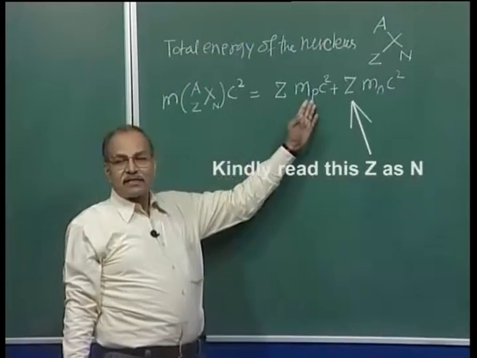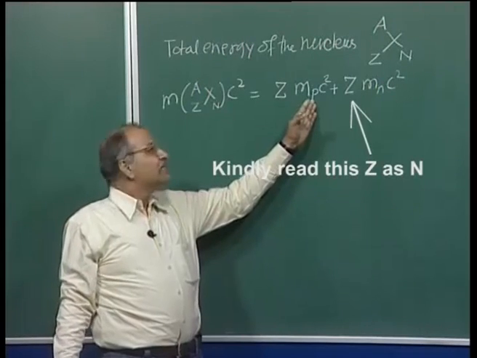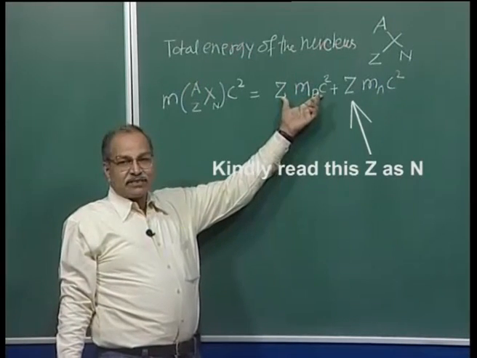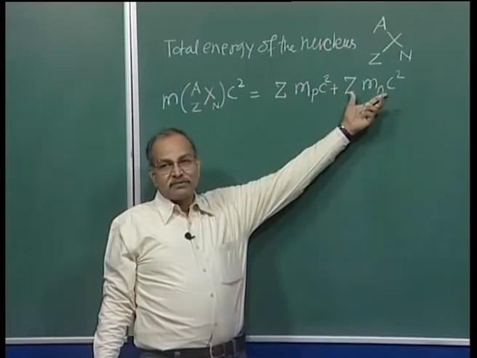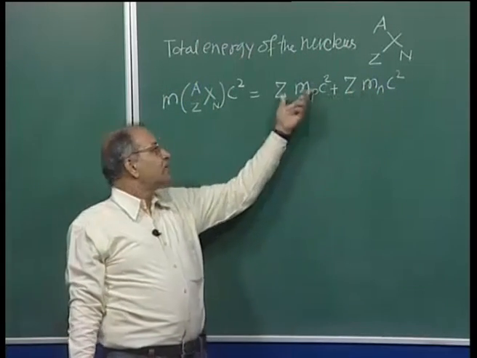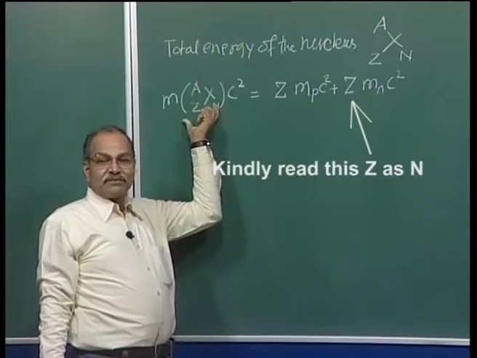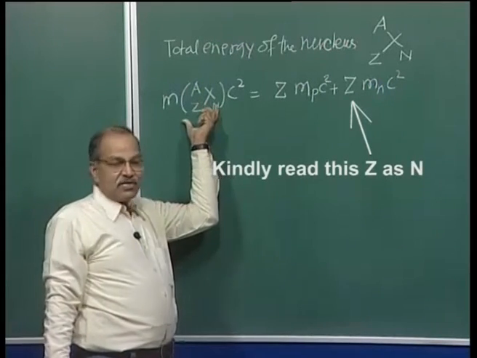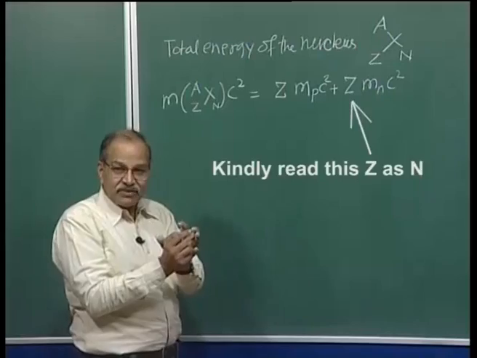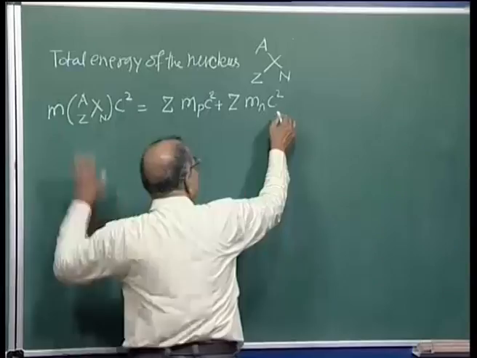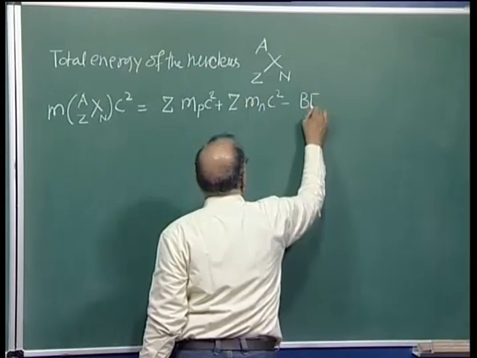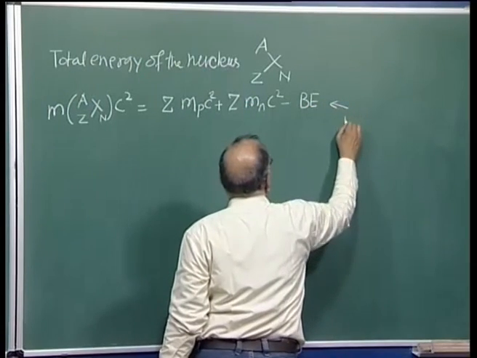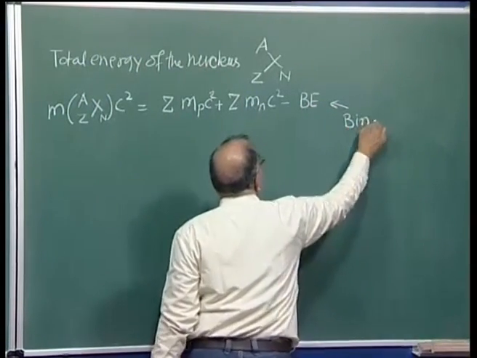If you think that there are Z protons and N neutrons, here is the mass energy of Z protons, and here is the total energy of neutrons, and then added together gives you the total energy of nucleus, that will be wrong, because it is a bound system, and in a bound system this total energy is less than that, and that difference is called binding energy.